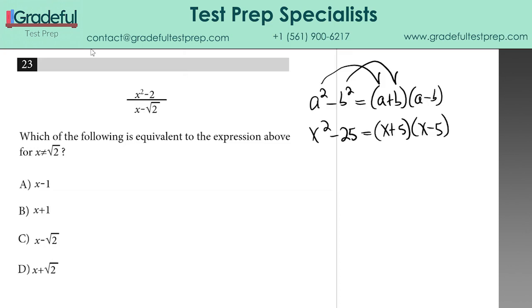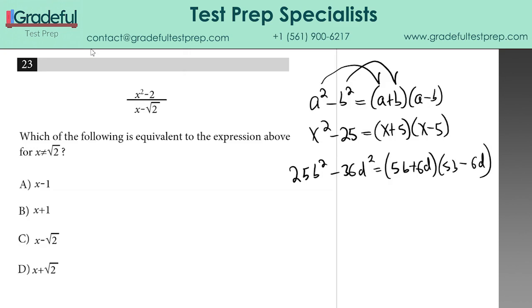So to use another example, if we had 25b squared minus 36d squared, that still factors to the square root of each piece. So 5b plus 6d and 5b minus 6d.